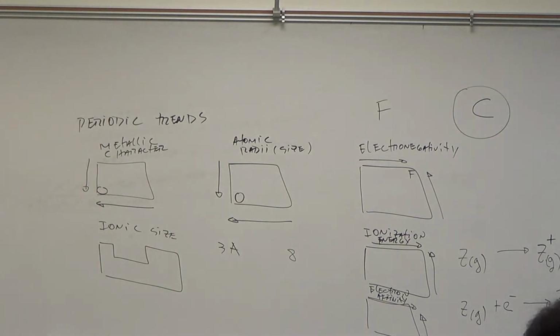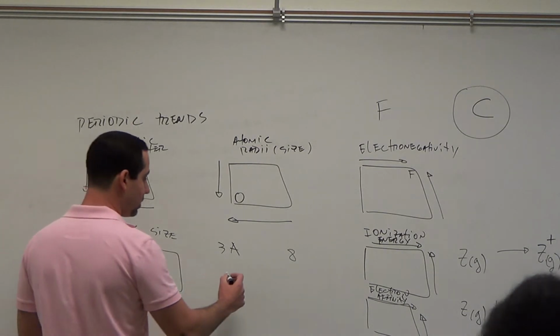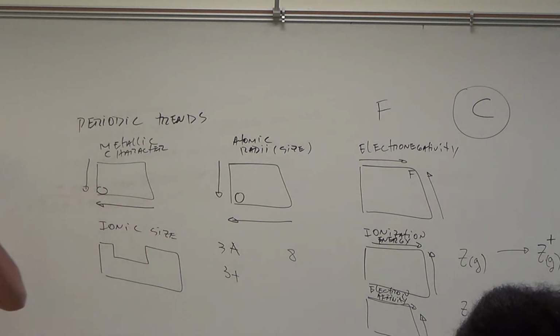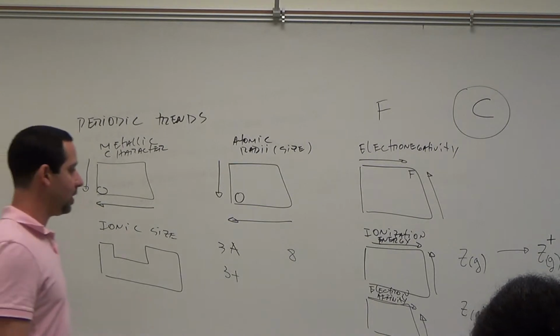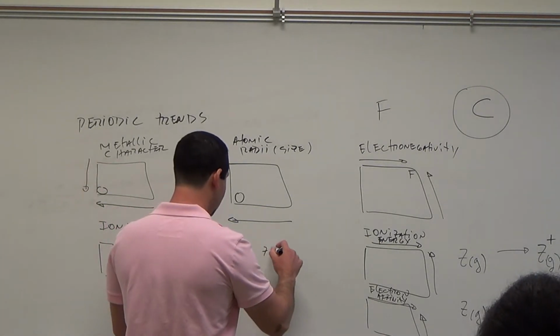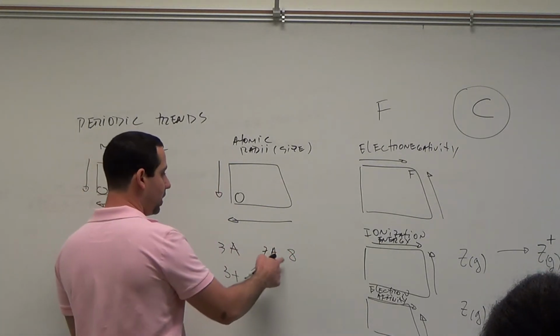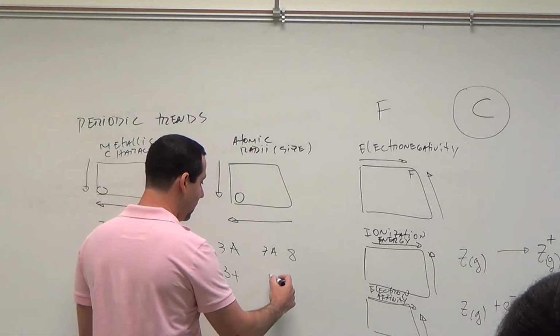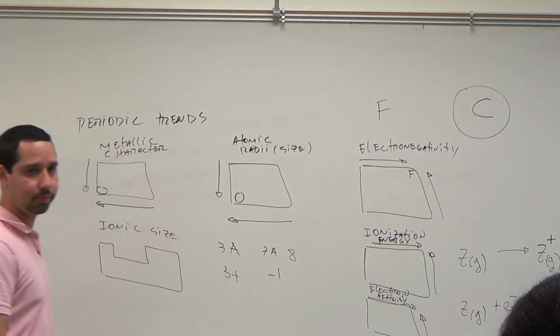So every element in group 3 should lose 3 electrons, and if it loses 3, it's going to become a 3+ charge. Any element in group 7, what does it try to do? Gain 1. In order to get to 8, what does it like to do? Gain 1 electron, and it will be -1.